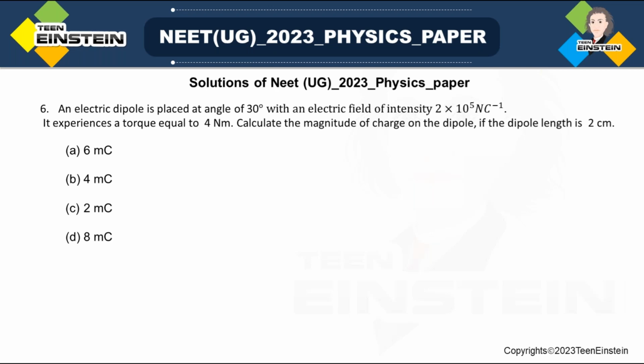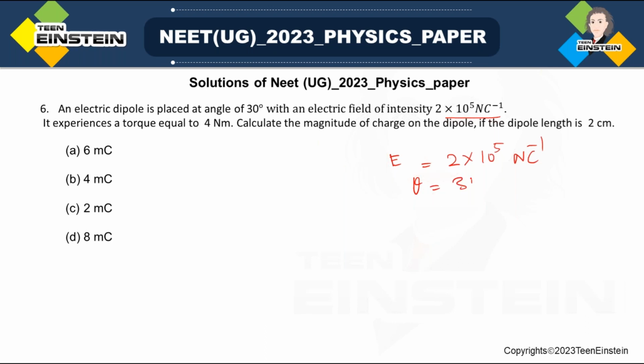What is this problem saying? This problem is saying that an electric dipole is placed at an angle with an electric field of intensity, that means electric field intensity is given as 2 into 10 to the power 5 Newton per Coulomb, and the theta angle is given.